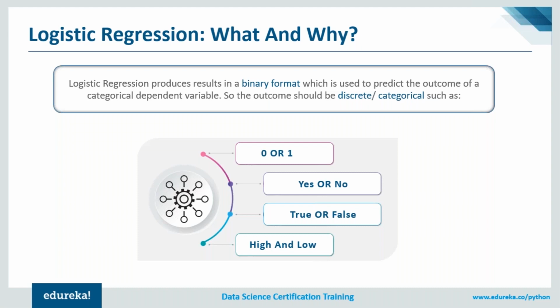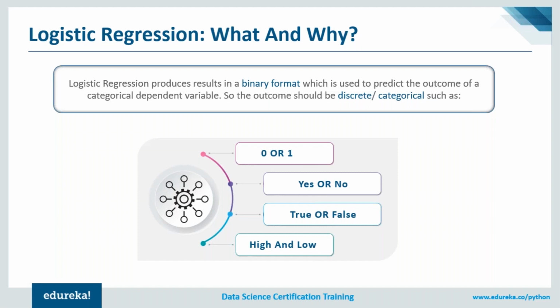Unlike our previous example, which was a continuous format, wherever we have to predict in a binary format, linear regression fails. We will not be able to do binary prediction using linear regression, and in that space you will have to use logistic regression.